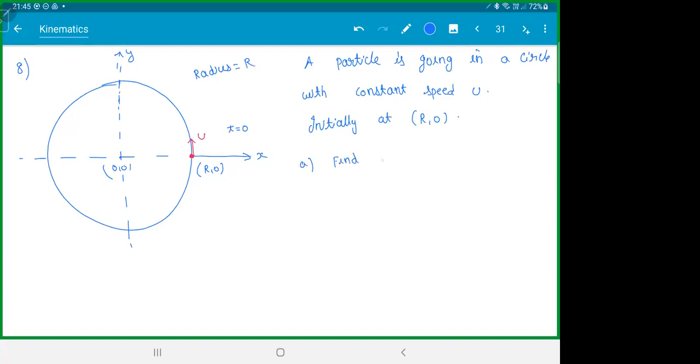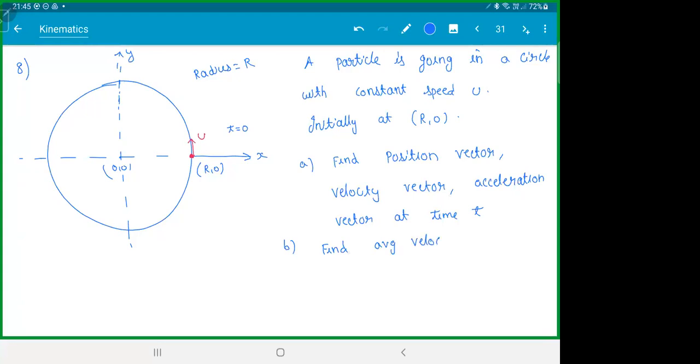Find position vector as a function of time t. Find the position vector, velocity vector, acceleration vector at time t. Find average velocity and average acceleration at time t.